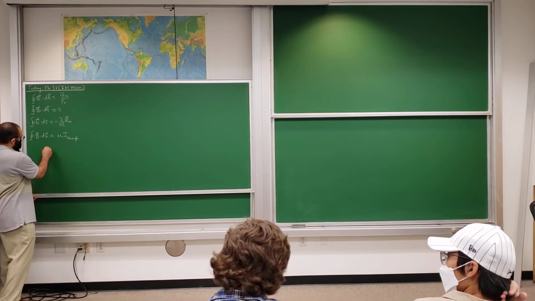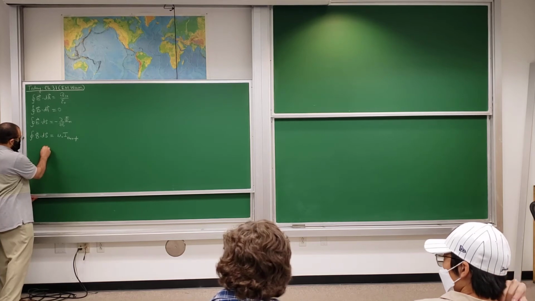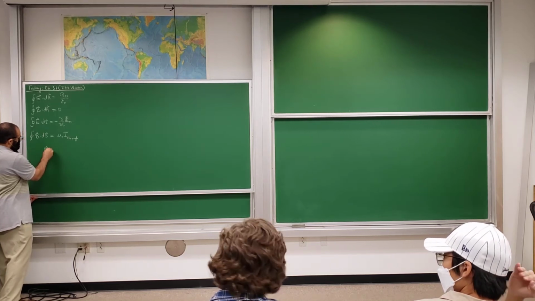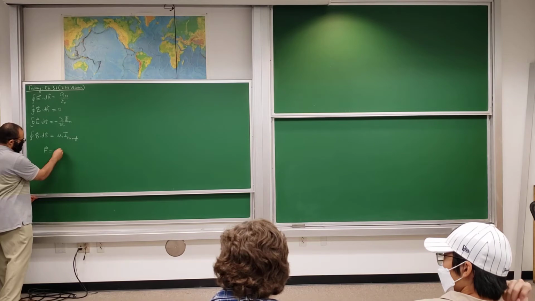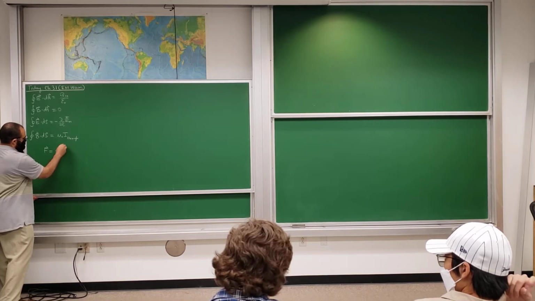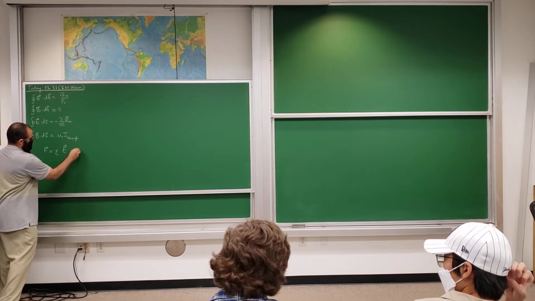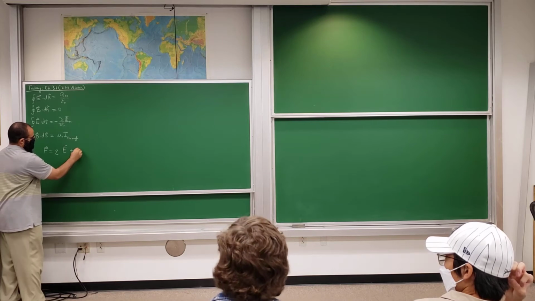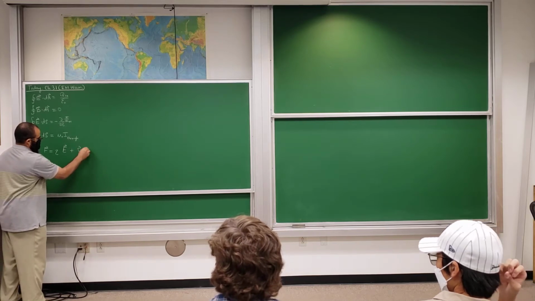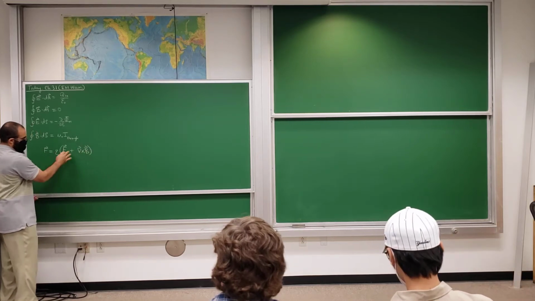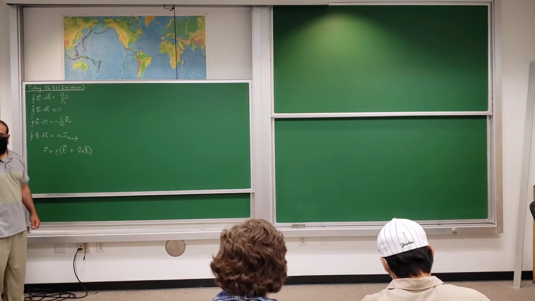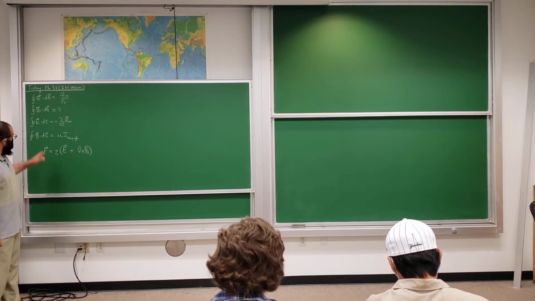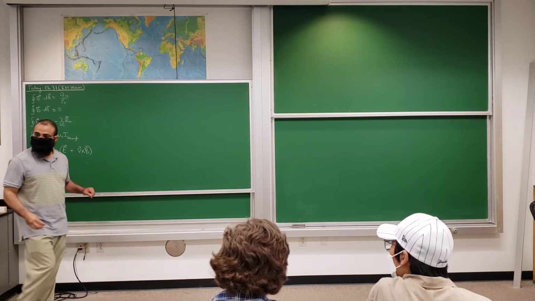They experience a force, called the Lorentz force law: F equals the charge times the electric field, plus the charge times the velocity crossed with the magnetic field. Then you can factor out the q, and that's the force. So all of these we know, right?